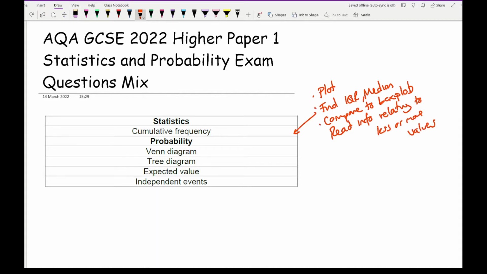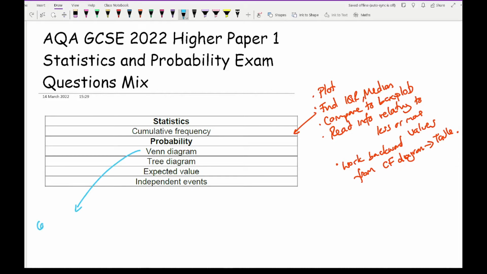And maybe you may have to work backwards from a CF diagram to a table.